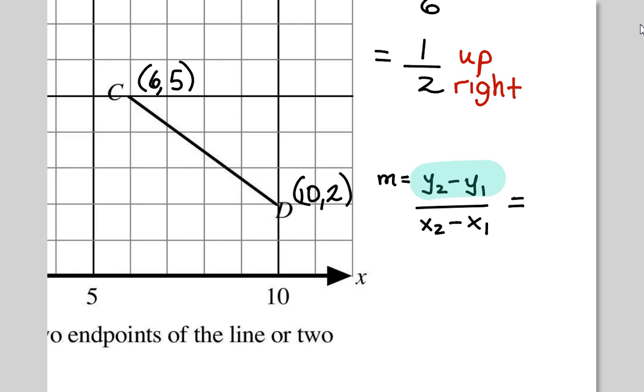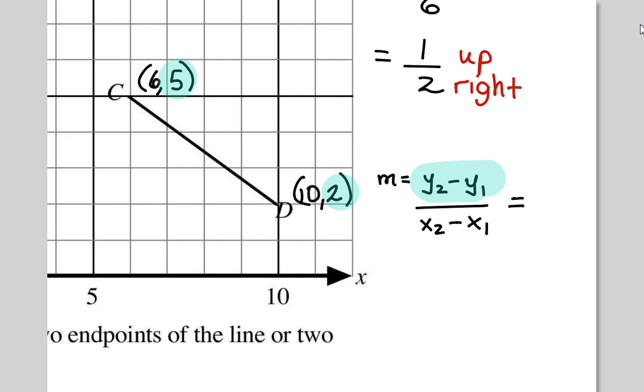Okay, the y. Which ones are y's? 6 or 5? The 5, right? And 10 or 2? Which one's the y? Good. So without doing any formula, how much did it change by? 5 became 2.